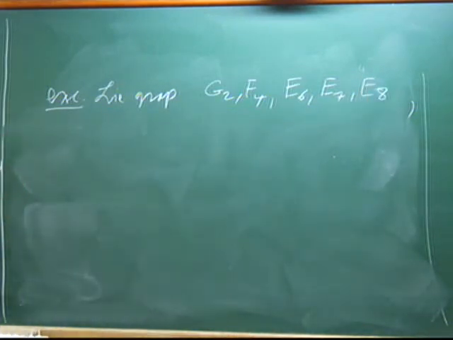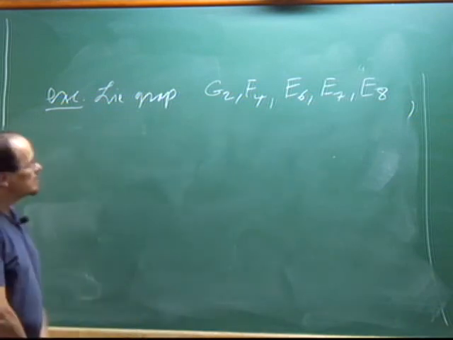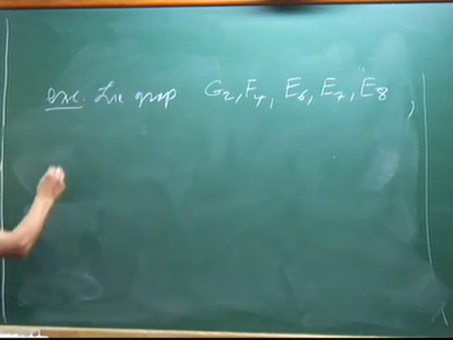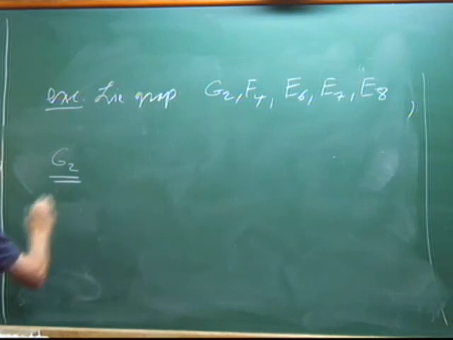And one of the claims I made was that every compact Lie group, up to covers, is a product of SO(n), Sp(n), U(n), or one of the exceptional ones. And I want to describe G2. The other ones are hard to describe.